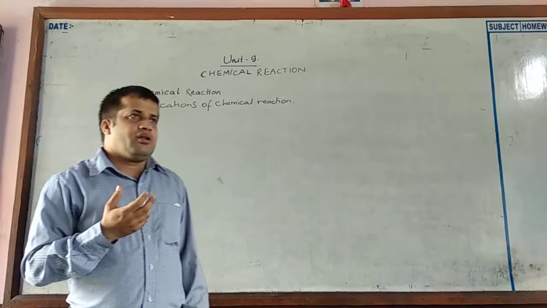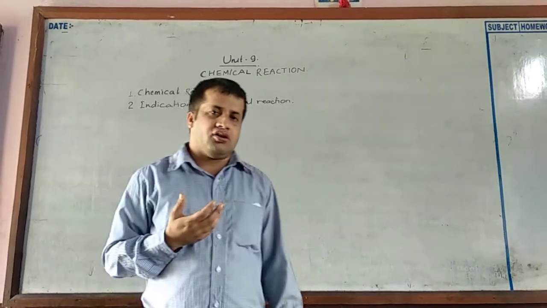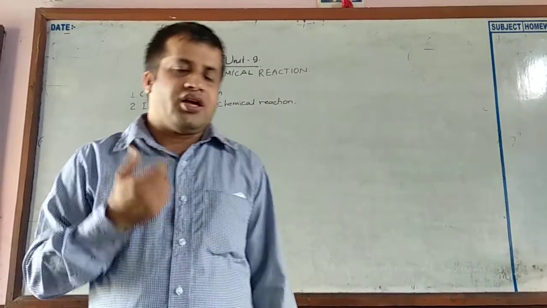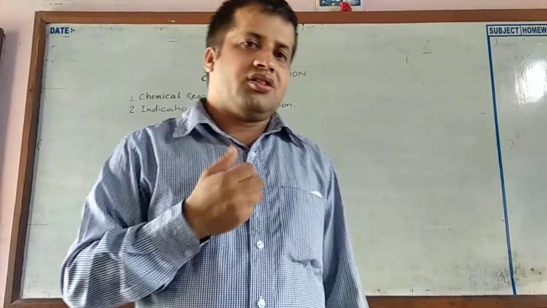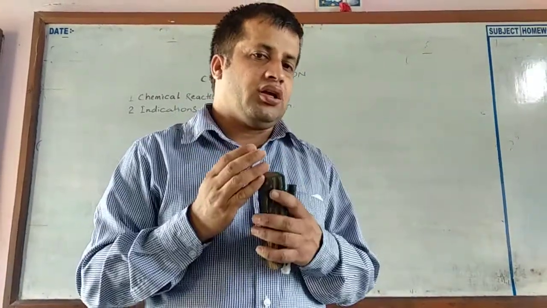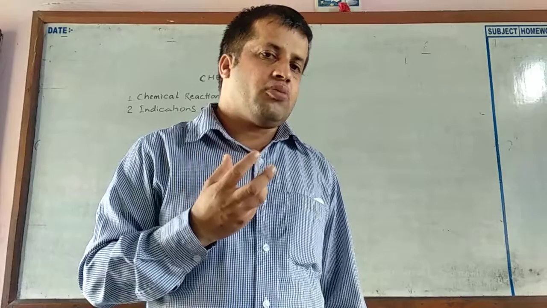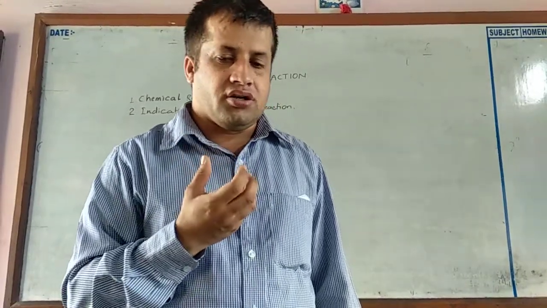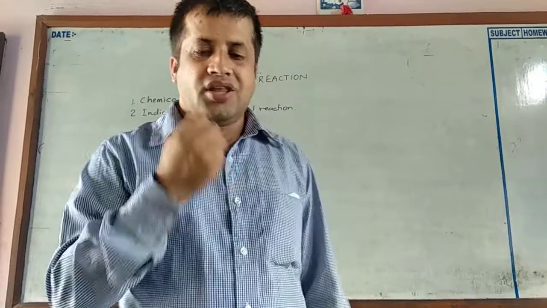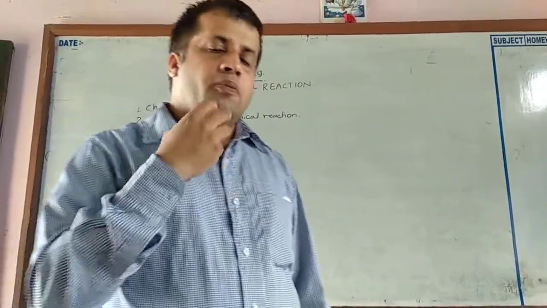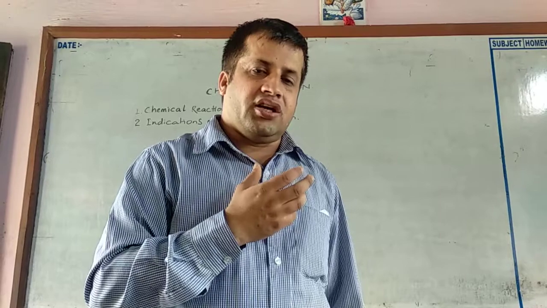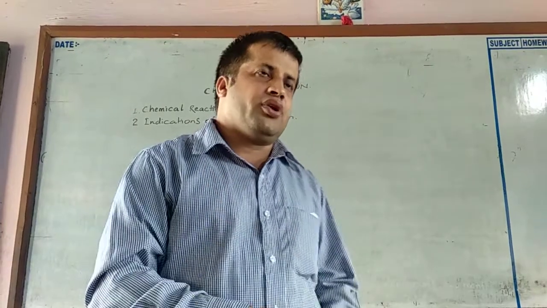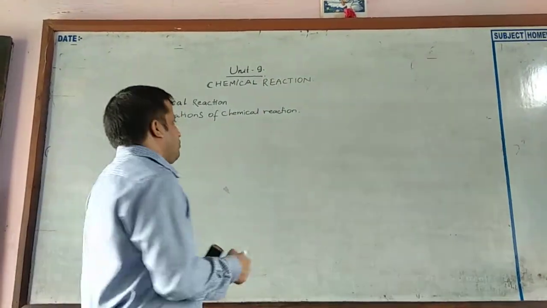Now, whether a chemical reaction has really occurred or not should be indicated. How do we know that a chemical reaction has occurred? That can be known by some indications. First, there should be a change in temperature.